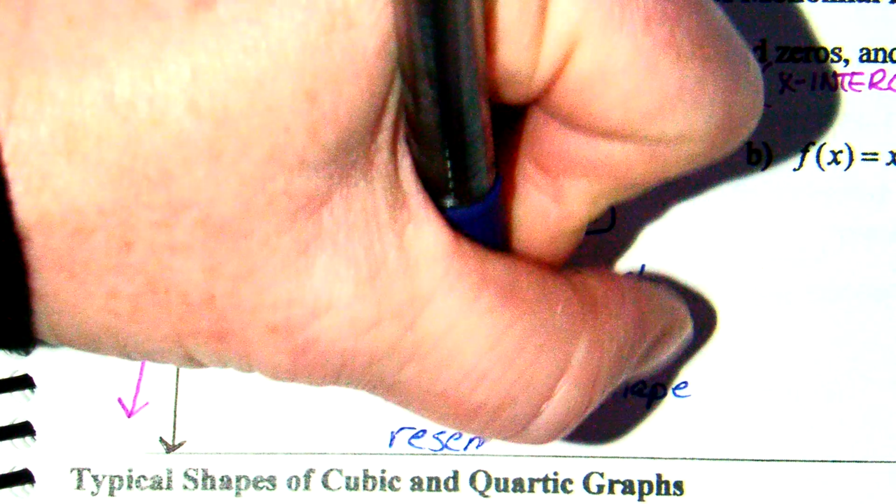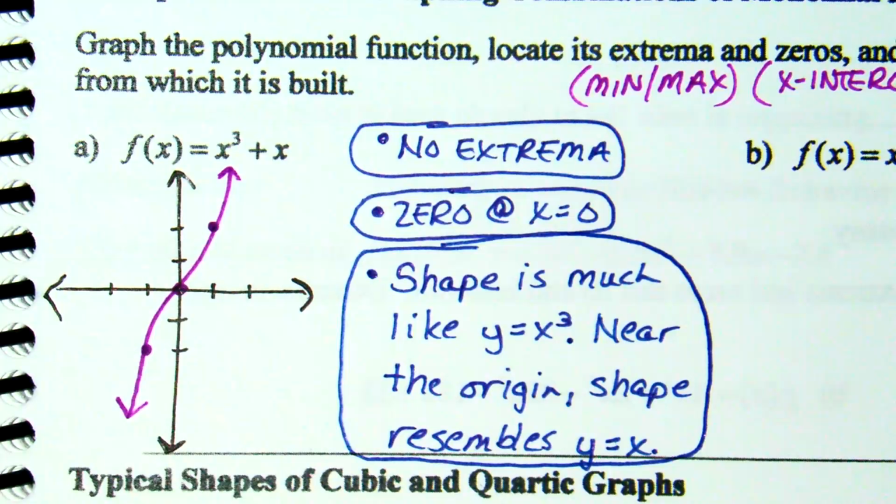And when we pull over and look at example B, that will help to make a little bit more of this make sense. Okay? B will have extrema too, right? We'll talk about B when we get there.